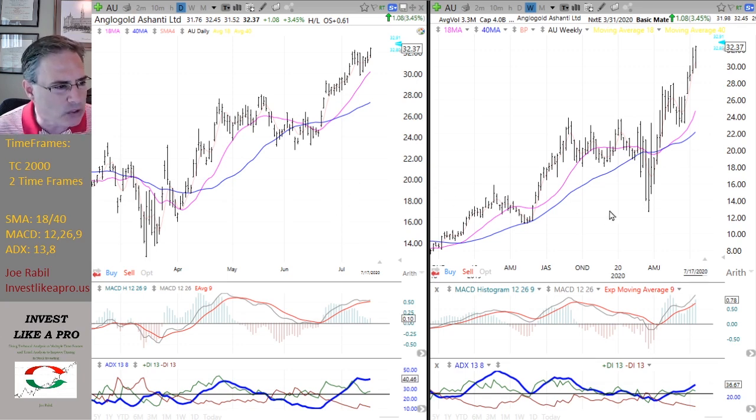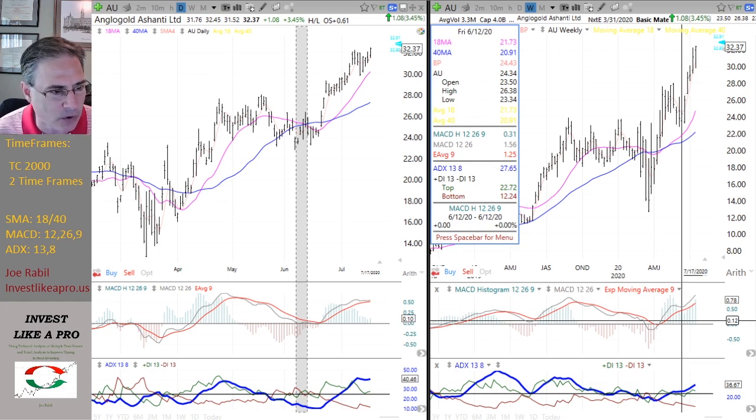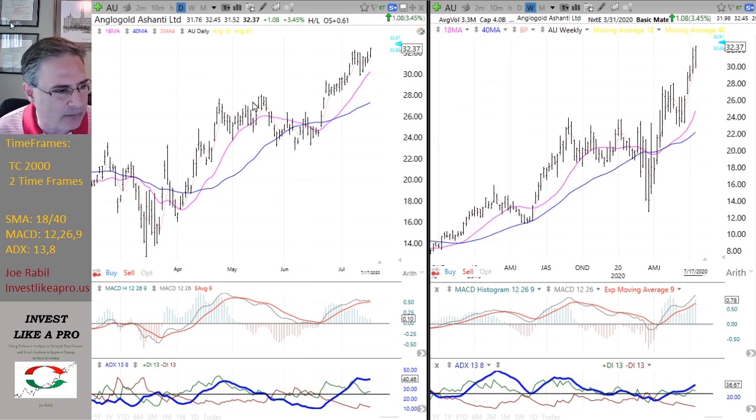But if you can do this in 2 time frames, where the higher time frame is telling you the strength of the trend and giving you a pullback, and showing you the pullback is not very strong, meaning you don't have a lot of strength in the sellers during the pullback phase, and MACD is confirming that. And then you go down to the lower time frame and realize I've got the moving average setup, but can I get confirmation on both a MACD and an ADX basis? When you have all that, if everything comes together that way, your odds of success are going to go way, way up.